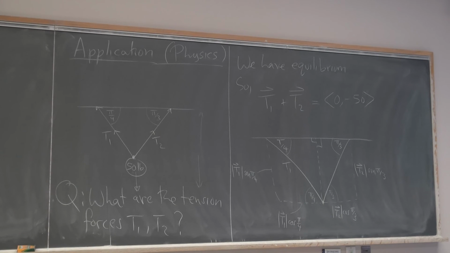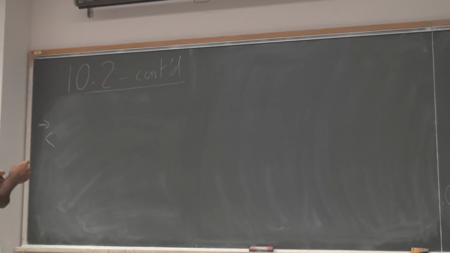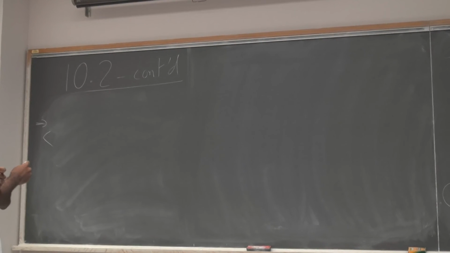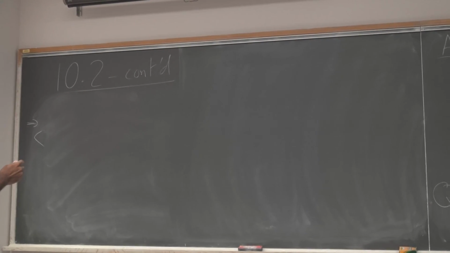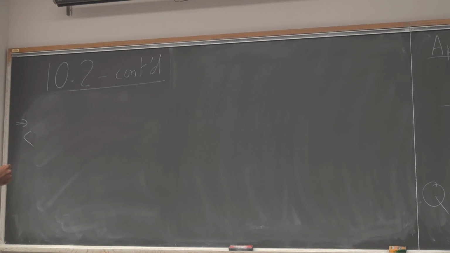T1 cosine pi over 4, sine pi over 4? We're thinking of them as vectors, so directions matter. Oh, that's a negative cosine, because T1 moves to the left and up. So the x component must be negative.